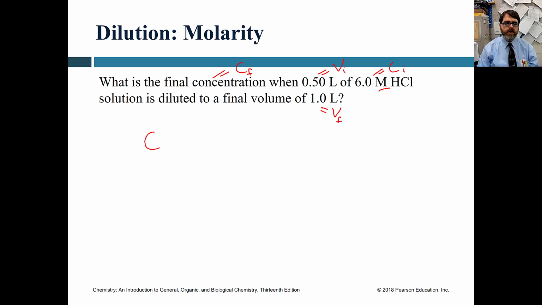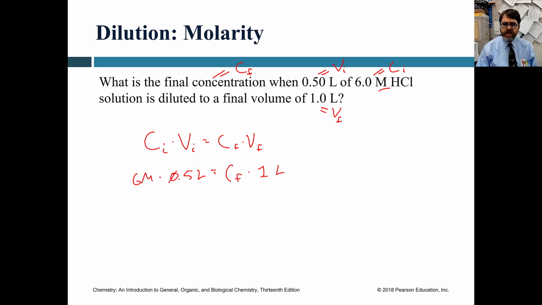Well, again, the formula is just C initial times V initial is equal to C final times V final. Of course, order of operations doesn't matter, whether you do the C's or V's first. The concentration to start out with is 6 molar. Multiply that by the 0.5 liter volume that we had to start out with. We want to calculate concentration final, and the volume final, we're told, is 1 liter.